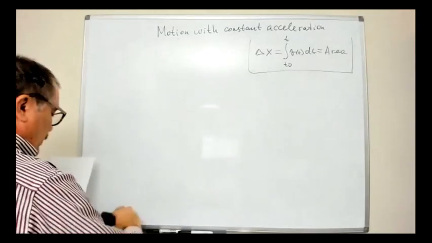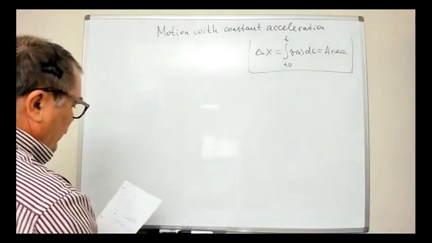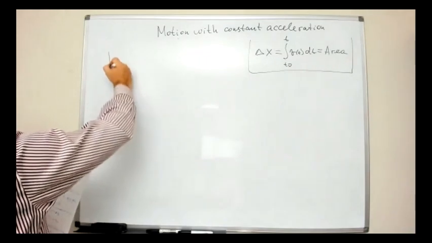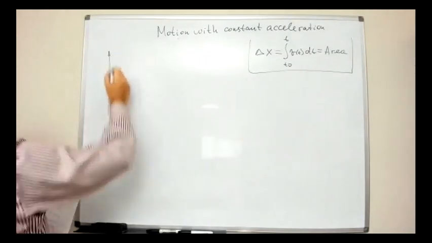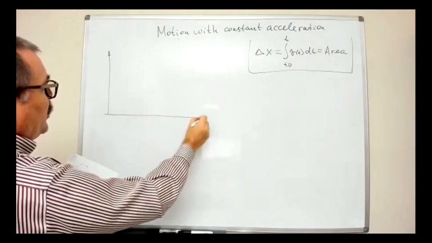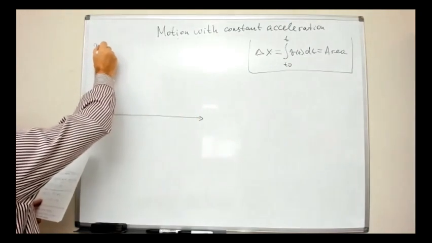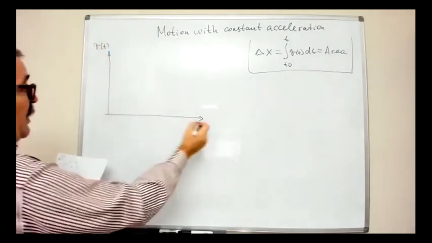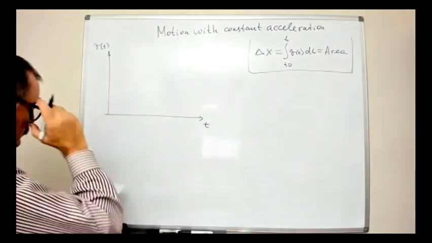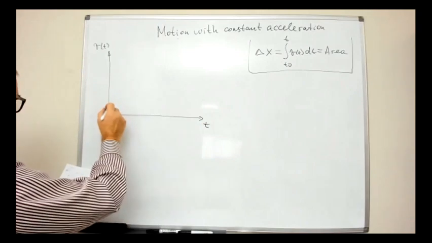Let me now make a plot of velocity as a function of time versus time. And let's consider the following motion.